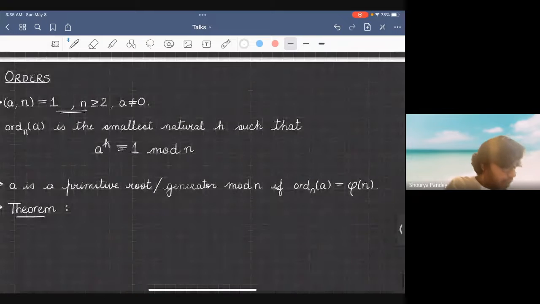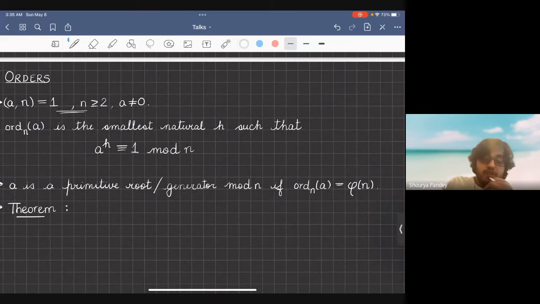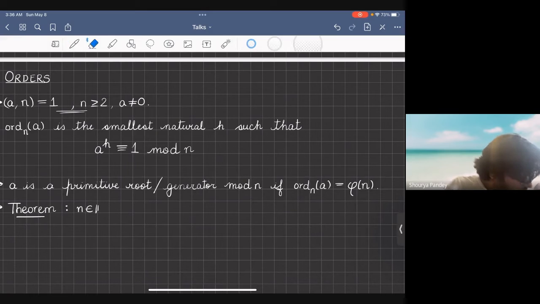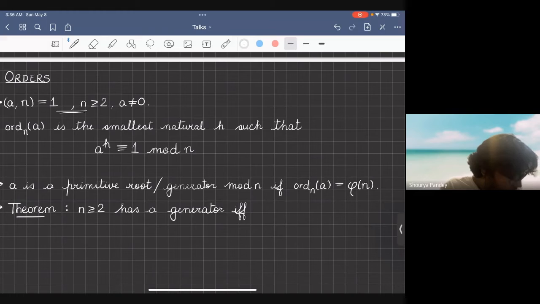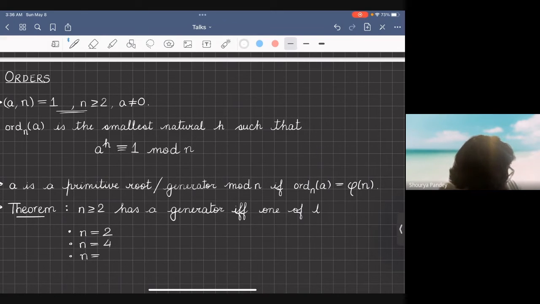We did see that not all natural numbers have a primitive root, but n, at least 2, has a primitive root if one of the following is true: n equal to 2 or n equal to 4.